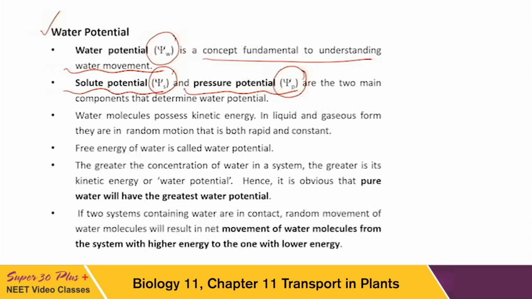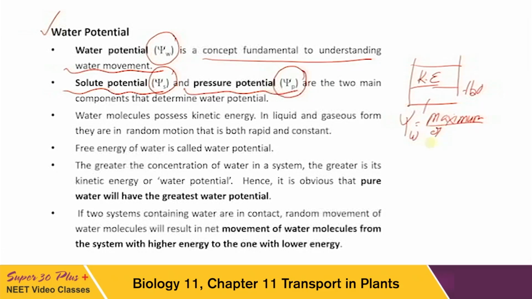Yes, we were discussing water potential. We see, children, that in any system where we have a pure solvent, which is water, the kinetic energy of water molecules is denoted as water potential, psi W. This is the maximum for a pure solvent.